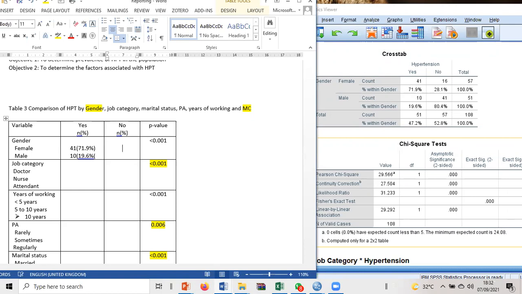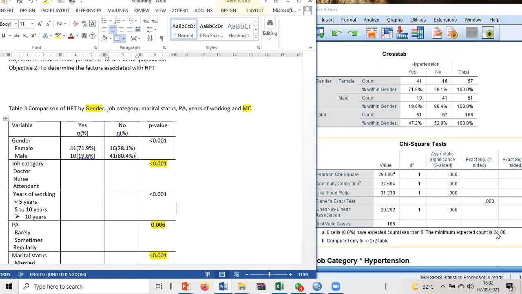Next, 16, 20, 8.1%. Next, 41, 80.4%. So what's the p-value? Is it less than 0.05? Yes, less than 0.05.